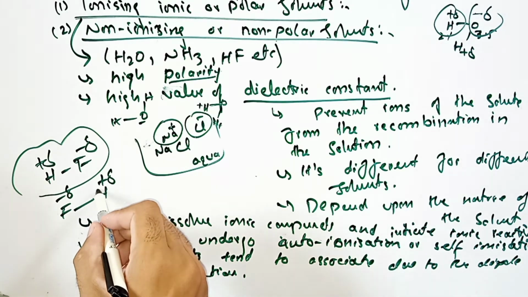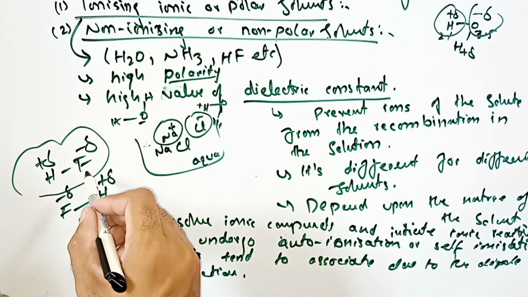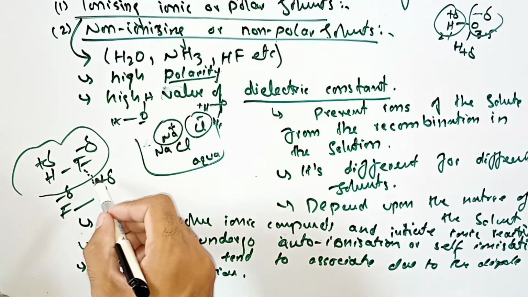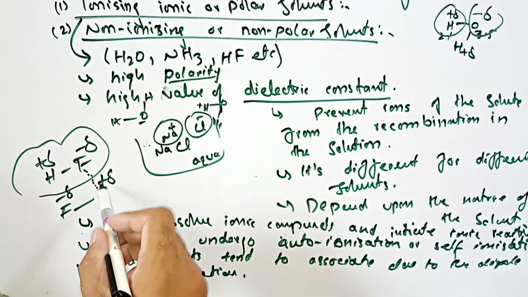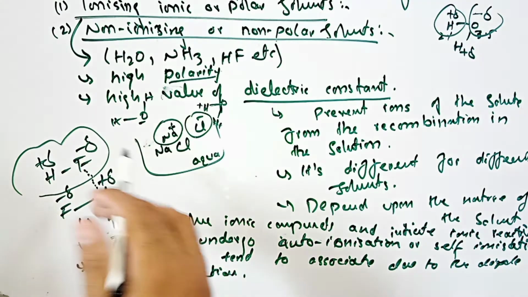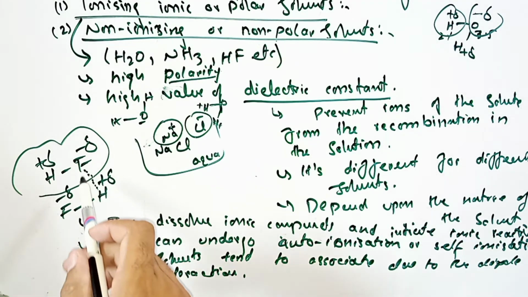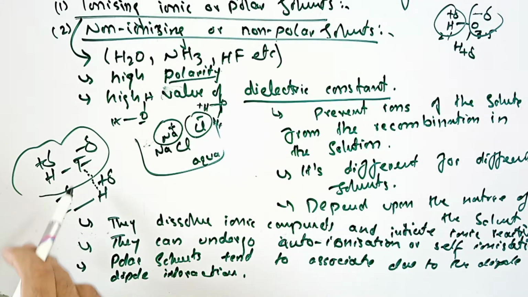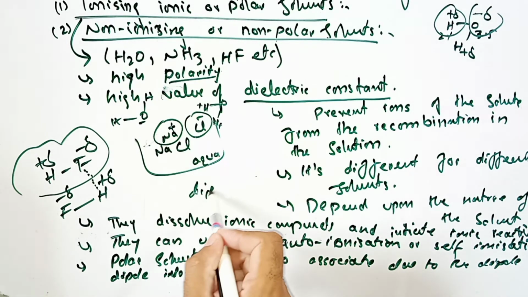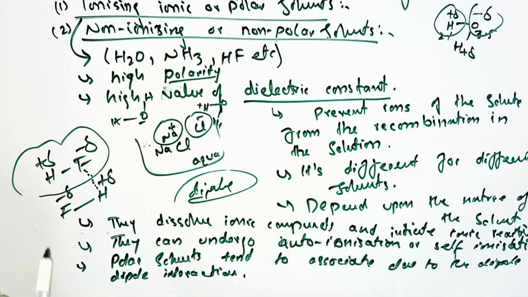This hydrogen will have a partial interaction with the fluorine atom, also called hydrogen bonding. This interaction is due to the dipole; dipole means two poles are present. So that's why this interaction is present in these solvents.